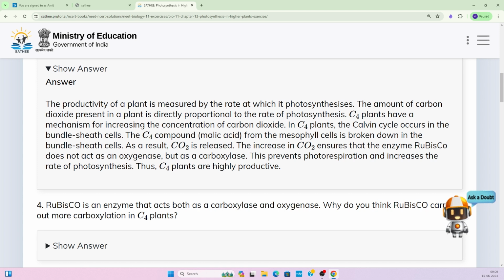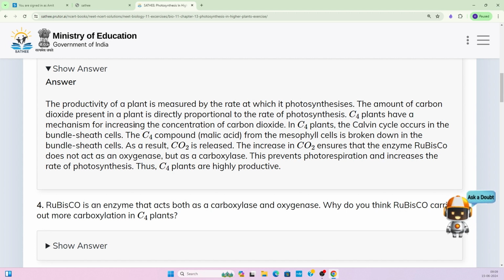The productivity of a plant is measured by the rate at which it photosynthesizes. We can tell the plant is very productive by measuring the rate of photosynthesis. The amount of carbon dioxide present in a plant is directly proportional to the rate of photosynthesis.